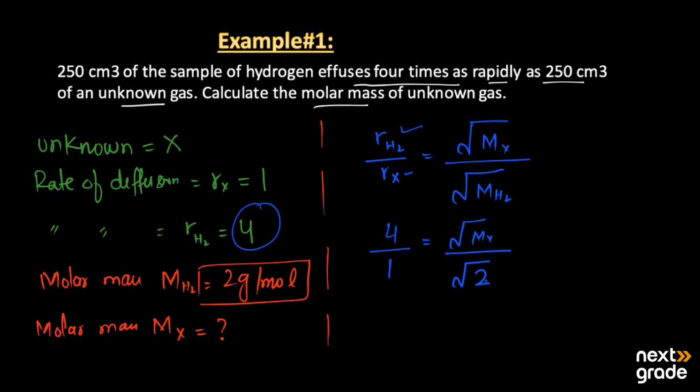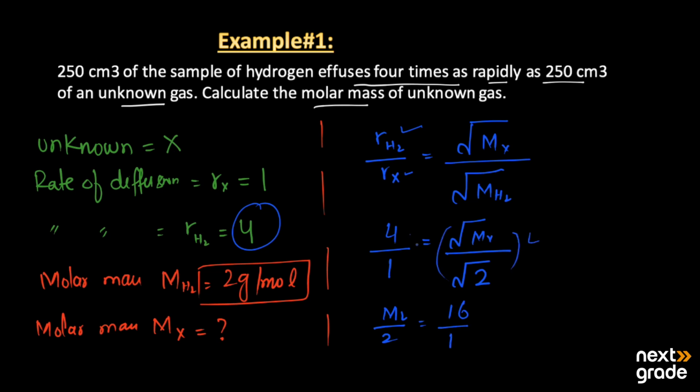By rearranging all this data we get M_X divided by 2 is equal to 16 over 1. How do we calculate this?